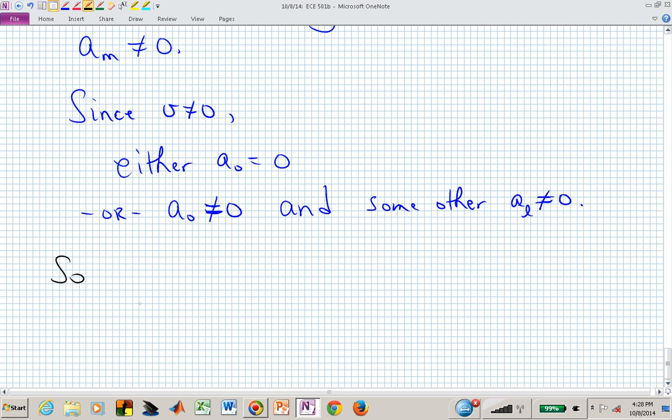If that's the case, then we know that m is strictly bigger than 0, but maybe equal to the size of our vector space, little m.